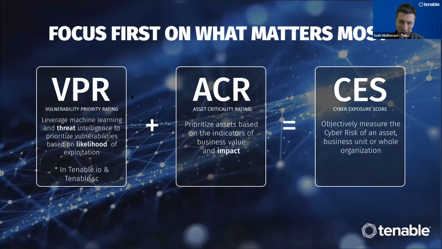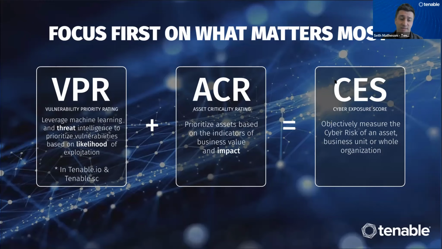All right, so how does Tenable do this? We look at this from two directions. We look at it from a vulnerability perspective, and we look at it from an asset perspective. From a vulnerability perspective, we call this VPR, Vulnerability Priority Rating. Essentially, we take every CVE, every risk, and we take a lot of different inputs, a lot of different data points, and we predict what's the likelihood that this vulnerability is going to be exploited in the next 30 days.